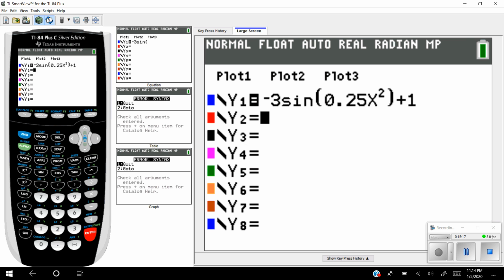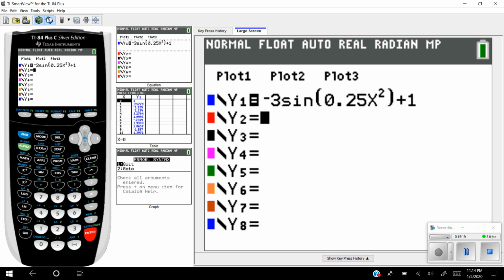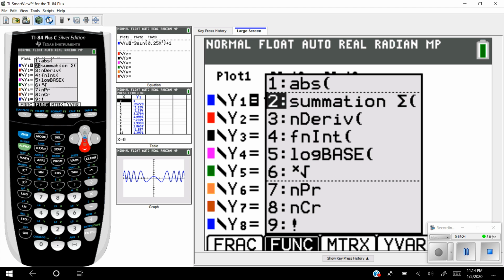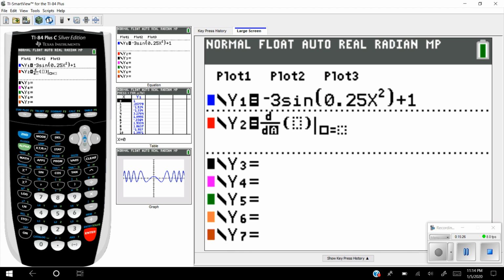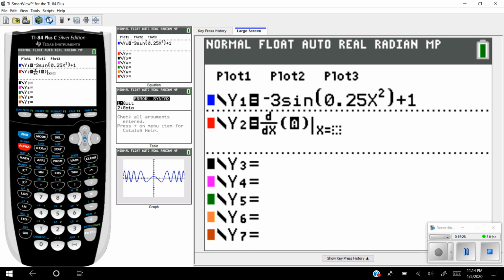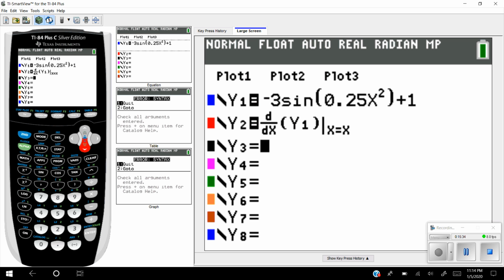So that's position. So next would be velocity. So I'm going to get the derivative, d over dx of y1 at x equals x. Now, if I want the acceleration function, I want the derivative of the velocity function.